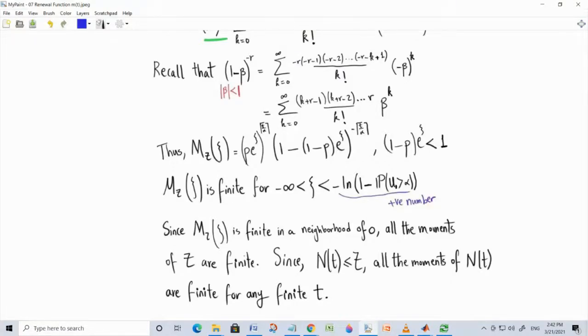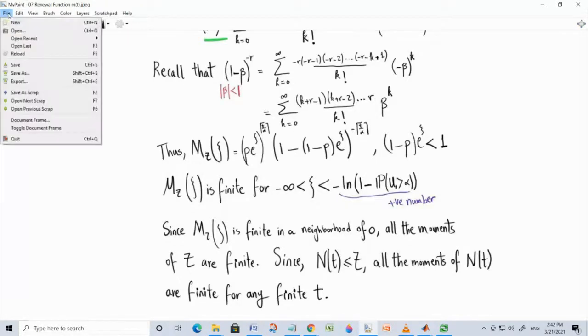Then we have this theorem that if a random variable has a finite moment generating function on an interval about 0, then all the moments are finite. Since all the moments of Z are finite, and N(t) is upper bounded by Z, all the moments of N(t) are finite.